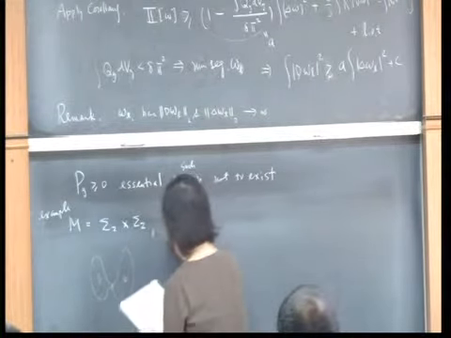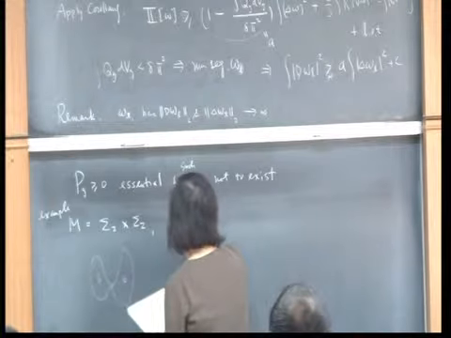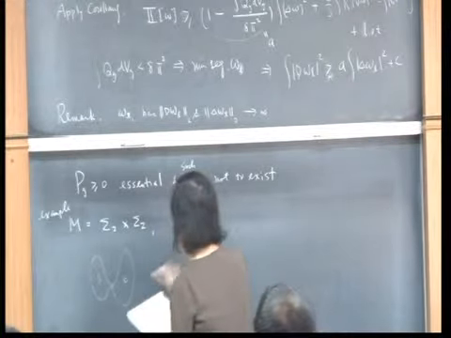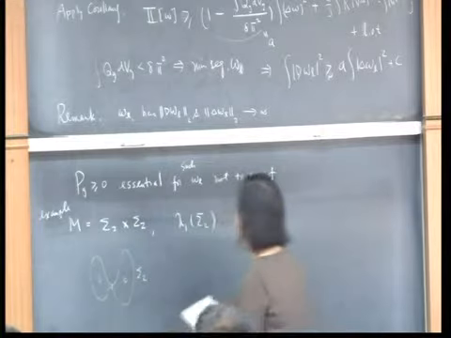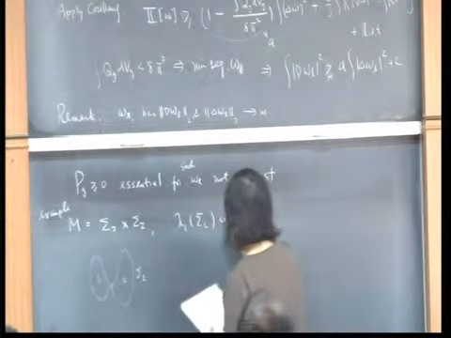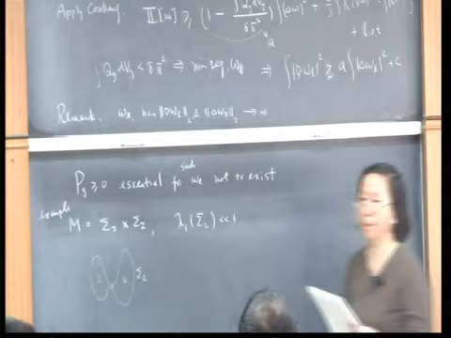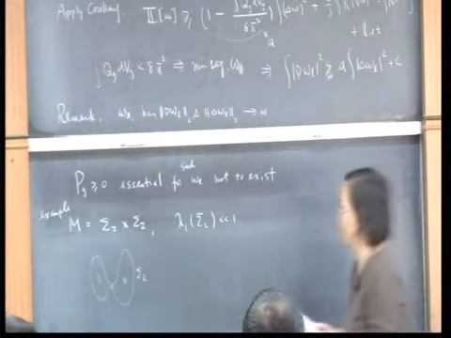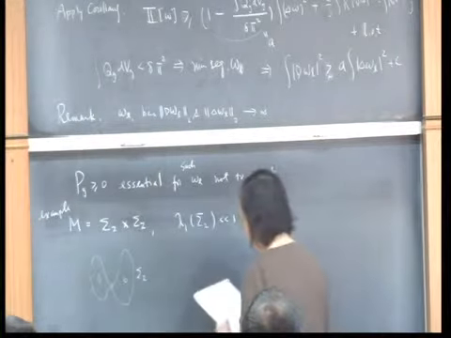In this case, we choose some hyperbolic surface, this is my Sigma 2. Sigma 2 is, say, very small. I take the surface cross surface, and this is very small.